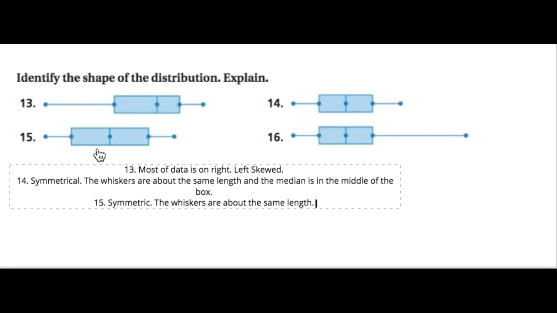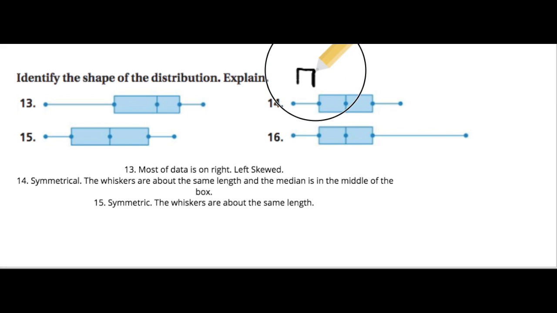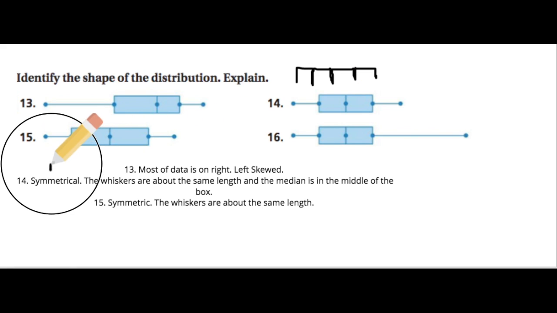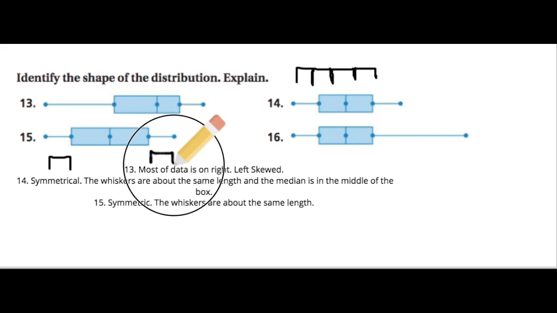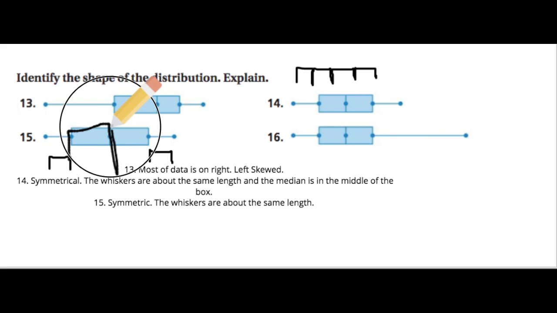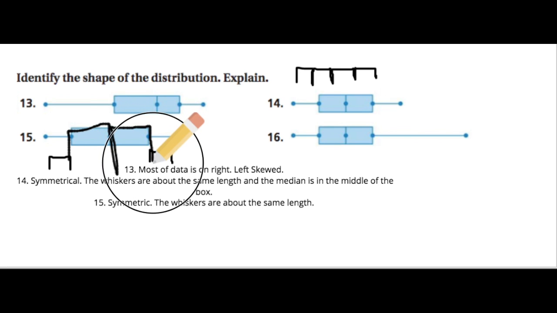If you were to imagine this on a histogram, let me show you. This is the same as this, which is the same as this. But what do we know about being symmetrical?